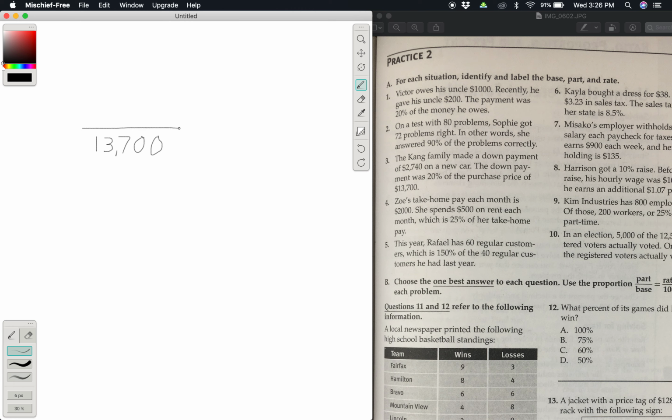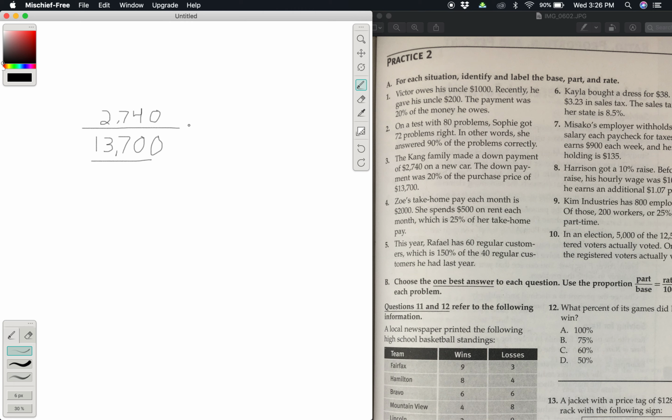Then we have 2,740, which is the part, the down payment, which is a part of this total amount.